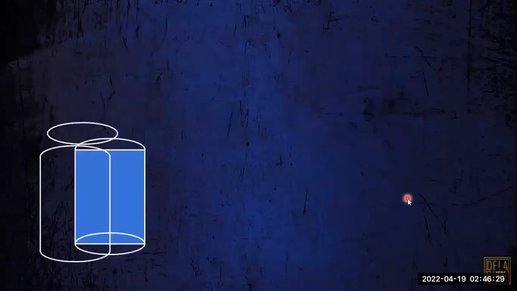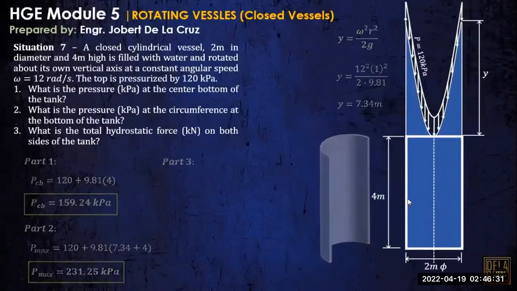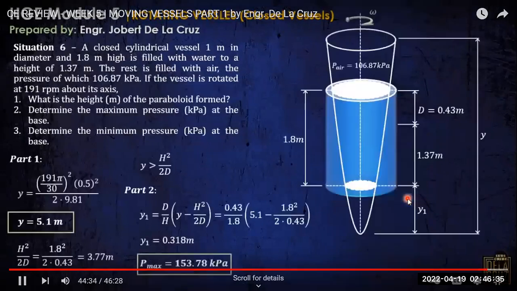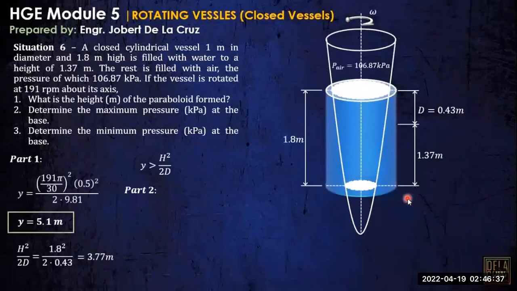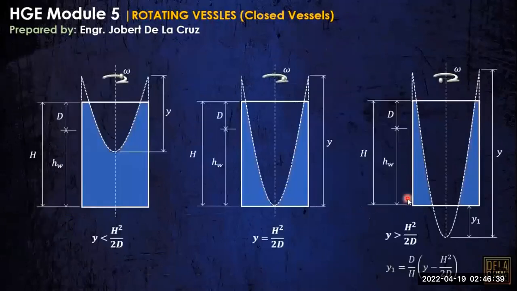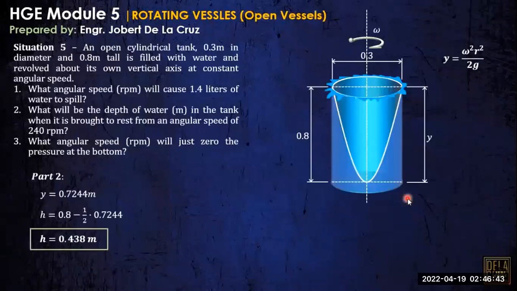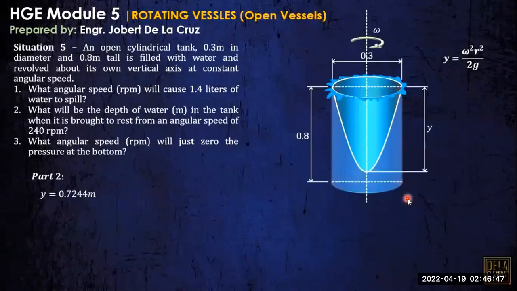Okay, let me just go back. Nawala ako. Ito yun, no? Kung ano yung iaangat niya sa taas, yan yung ibababa niya. That means this one is y over 2. Okay? Y over 2, then this is also y over 2.